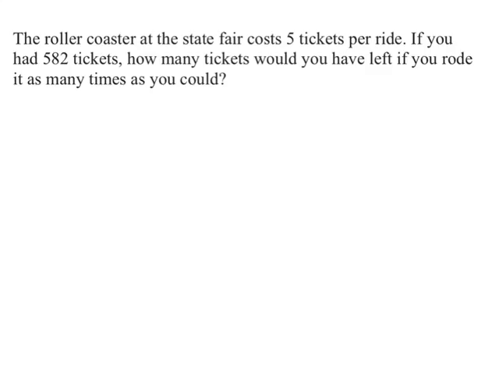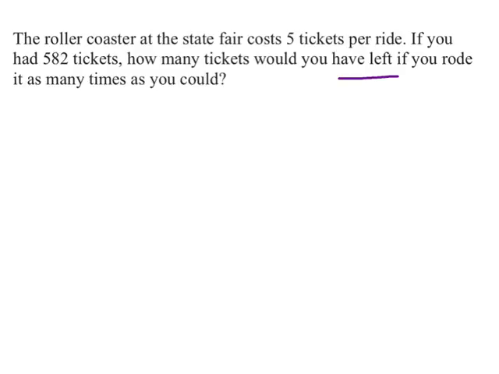And let's try this one. It says the roller coaster at the state fair costs 5 tickets per ride. If you had 582 tickets, how many tickets would you have left if you rode it as many times as you could? Once again, our question asks how many would you have left if you rode it as many times as you could.